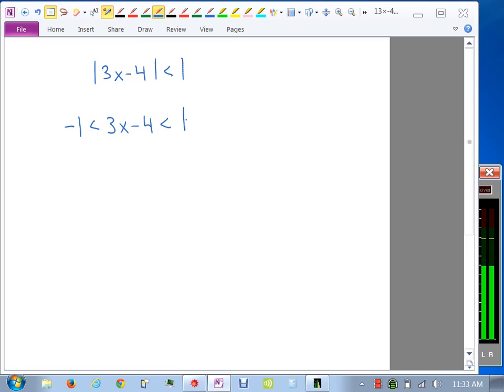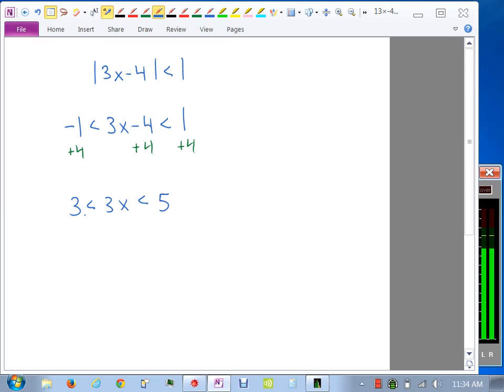Let's try and get x by itself. So how about we add 4 to everything? We add 4, here, here, and here. We get a new inequality, 3 less than 3x less than 5, right? And then finally, divide everything by 3.